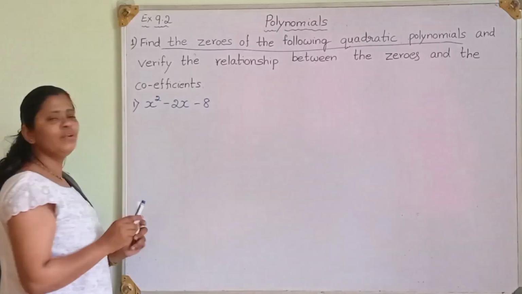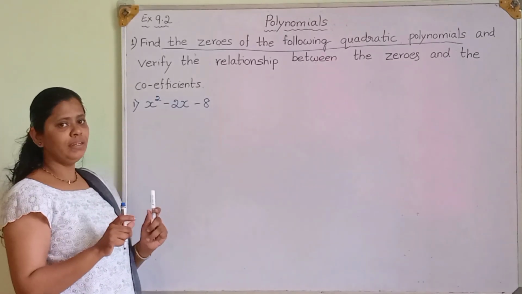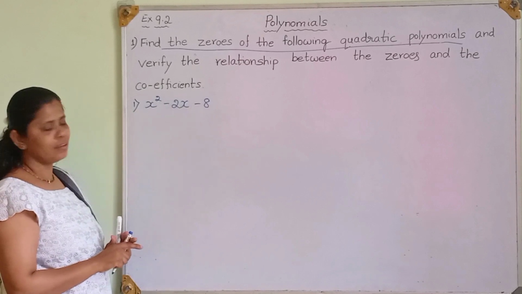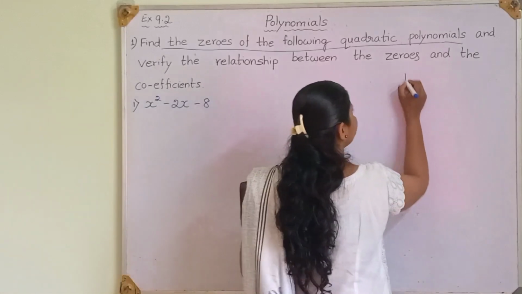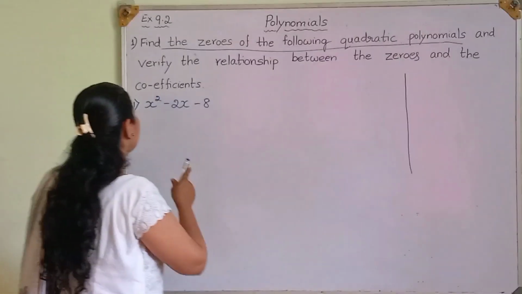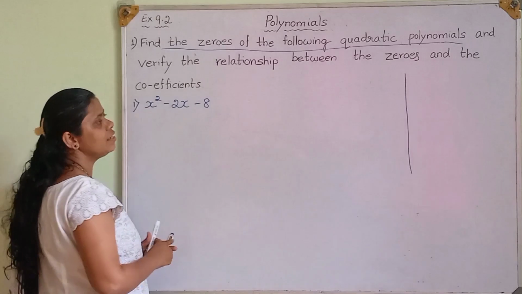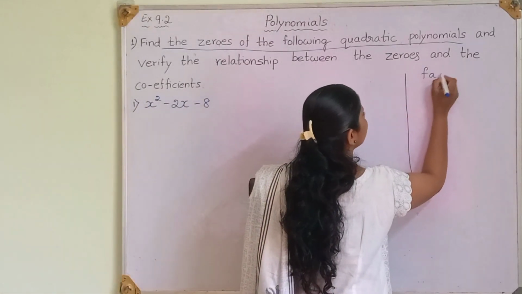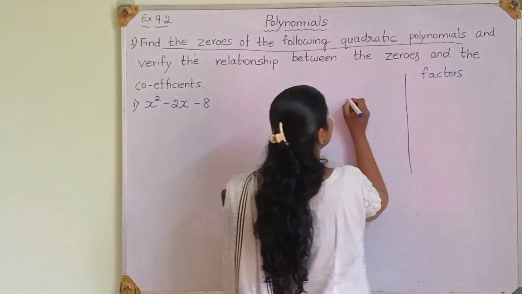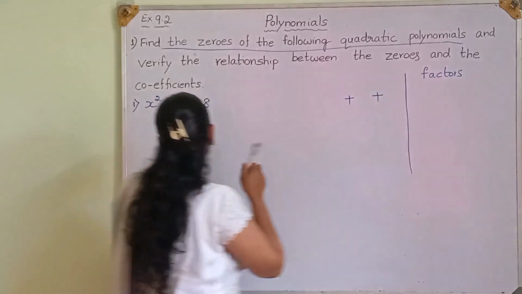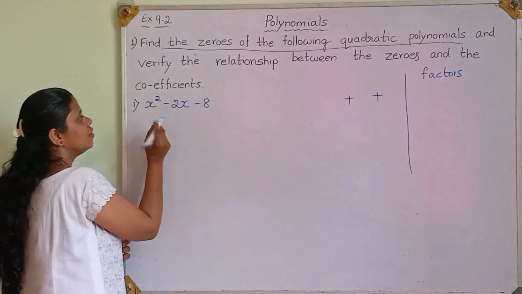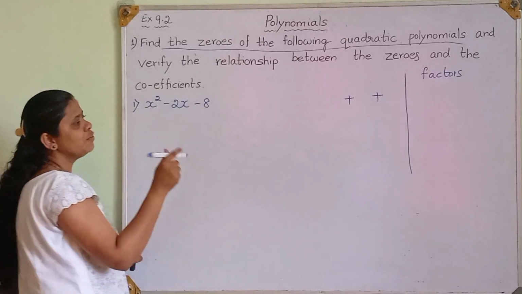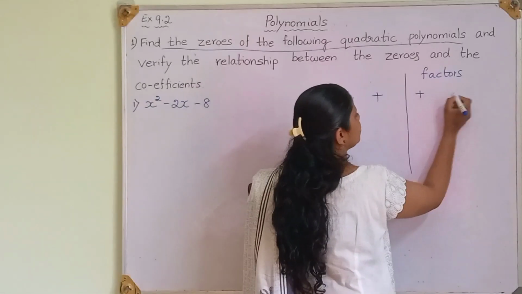Today I want to give one table. Keep it in mind. When they give the quadratic equation, remember this one. See here, here it is minus minus, isn't it? If it is plus plus, then the factors we will get are plus plus.